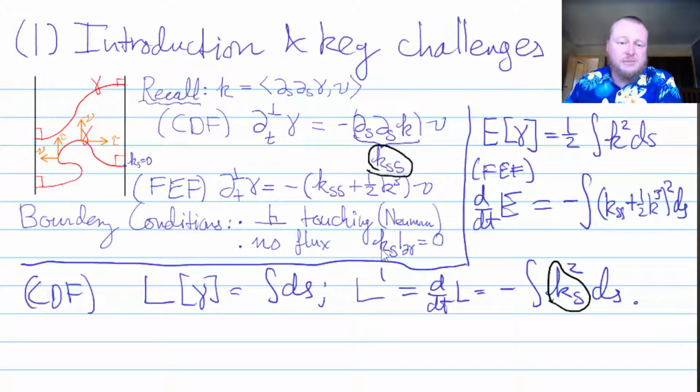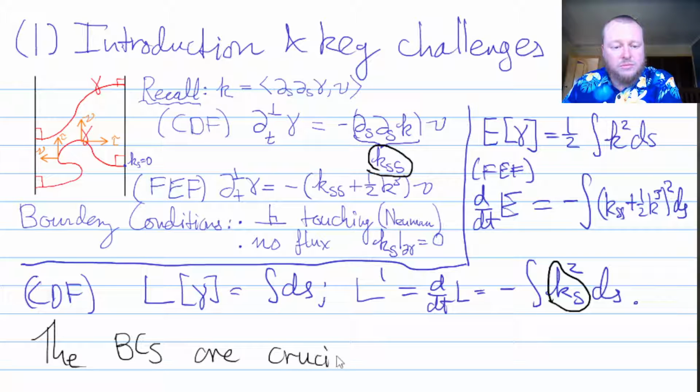And in establishing these equations, we should probably just write down that the boundary conditions, we call them BCs, are crucial for these equalities.